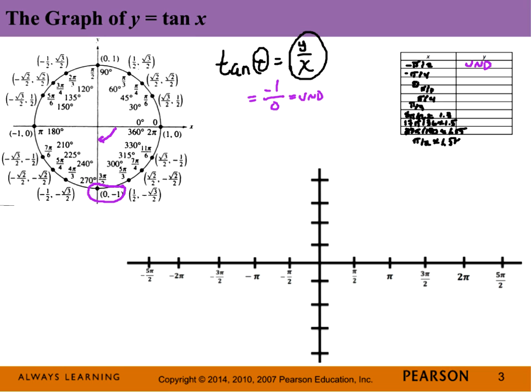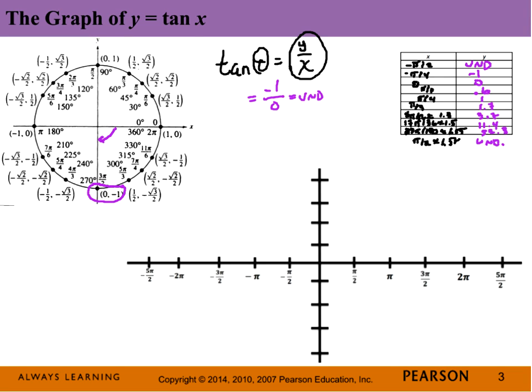So I'm just going to go ahead and fill in the rest of this chart. This ends up being negative 1, and then I have 0 and approximately 0.6 with square root 3 over 3, and then 1, approximately 1.7, approximately 3.7, 11.4, 57.3, and then finally I get back to pi over 2, which is undefined.